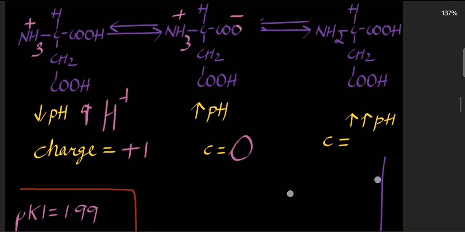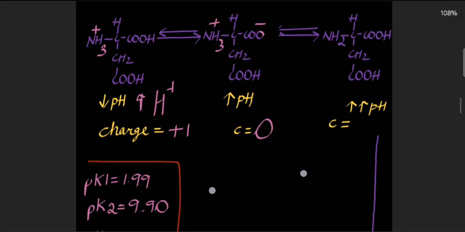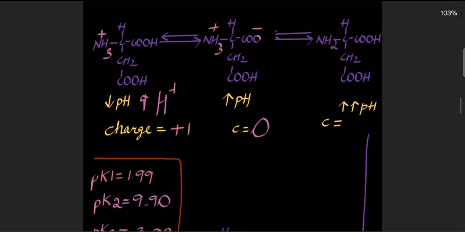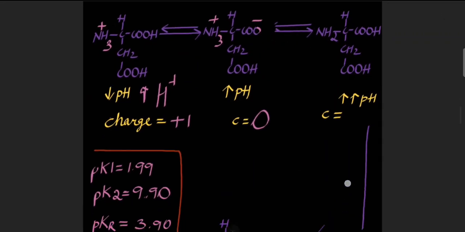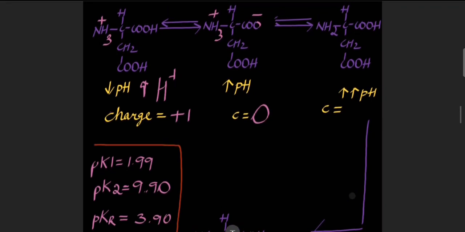Okay, so now let's go to the other value. So now we have another value, which is the pKa value. The pKa value is less than the pK2 value, so we have to take the pKa value into consideration first.